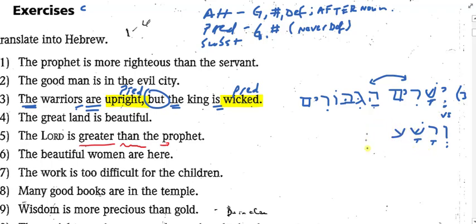Do I need another form besides Rasha given the subject noun the king? No, because the king is masculine singular. Wicked needs to be masculine singular, and it already is. And then the king is Ha Melech. Any special accent marks I need to include here?